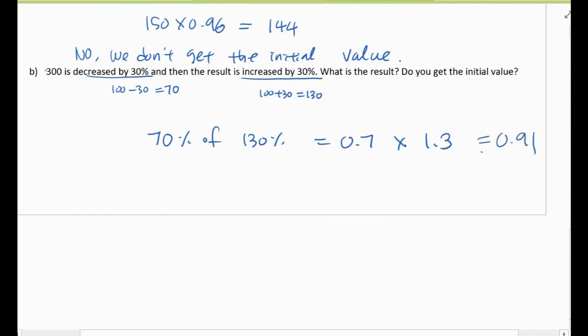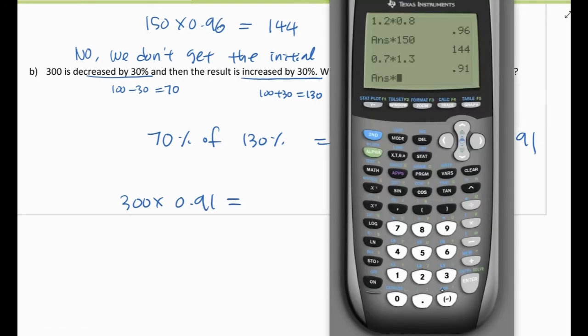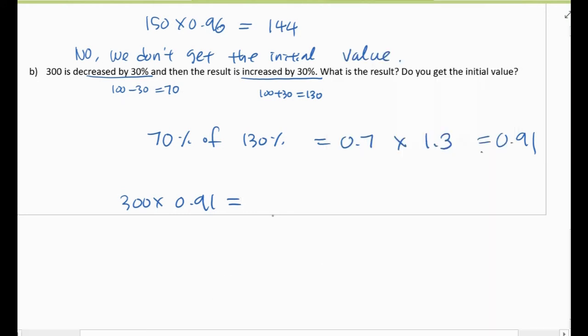So 0.91 times 300 is 273. Again, everyone, you decrease by the same percentage and increase by the same percentage, but you get a different number. You don't get the initial value.